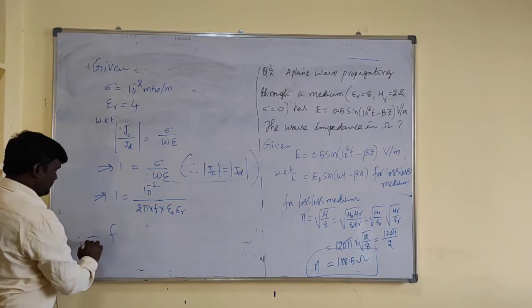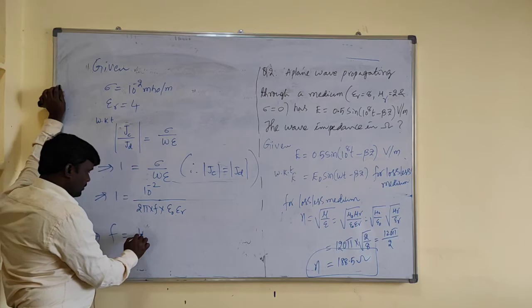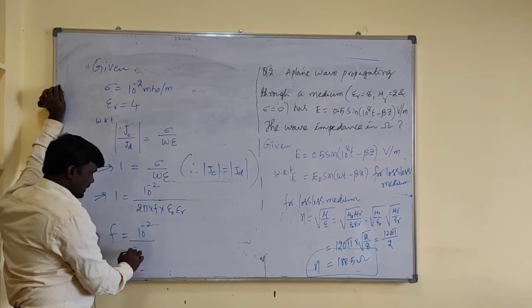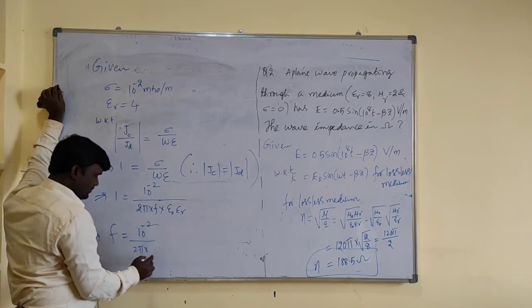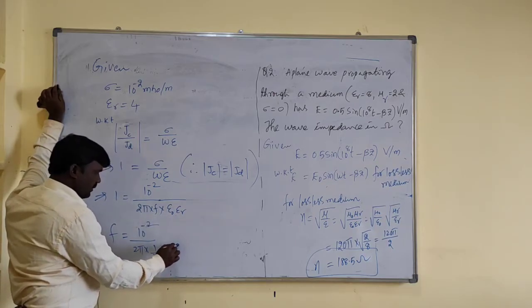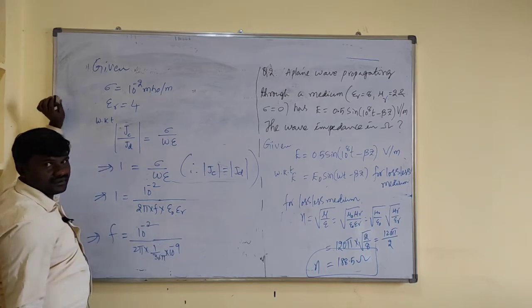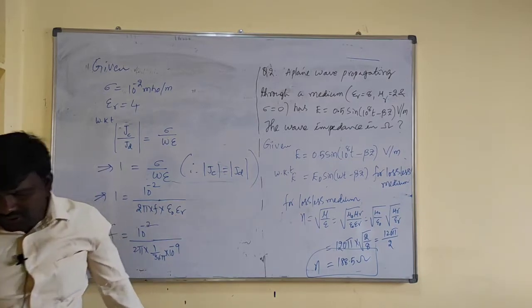What we required, f, that is the frequency at which these currents are equal, is f equal to 10 to the power minus 2 by 2 pi epsilon naught, where epsilon naught equals 1 by 36 pi into 10 to the power minus 9. Now simplify this.